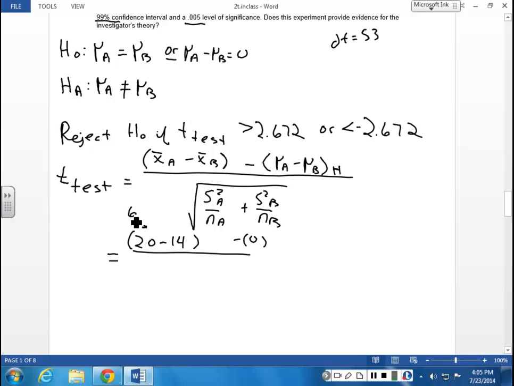So we have here now the square root of, make sure you get the variance here, 53.29 divided by 24 plus 26.01 divided by 24. And that all comes out to be 3.75.